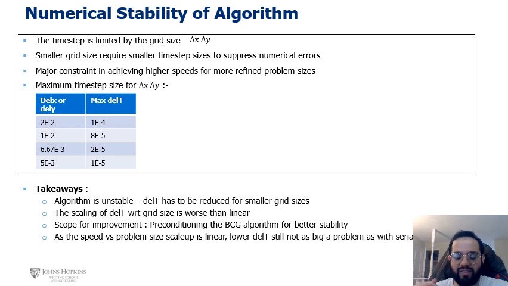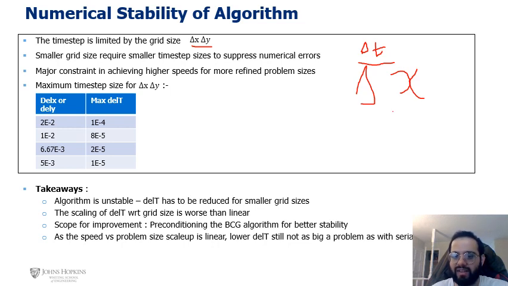Now in general with CFD codes, the main problem is that the time step for which the numerical solution is stable is dependent on the grid sizes, and it must be smaller for smaller grid sizes. That's because, if you recall, in all the previous iterations we had a term of delta t by delta x.